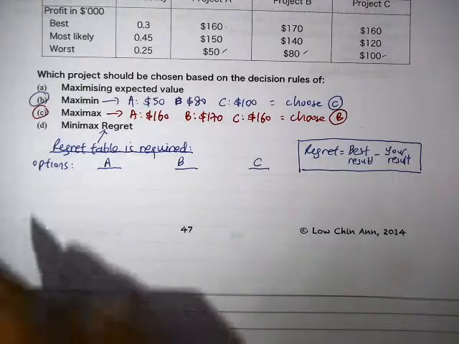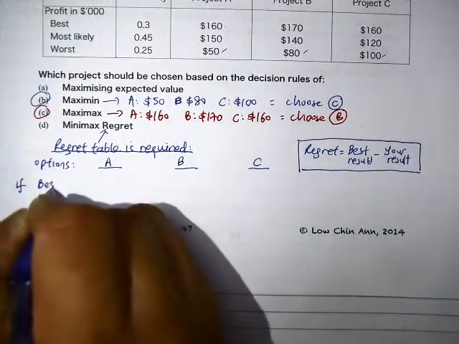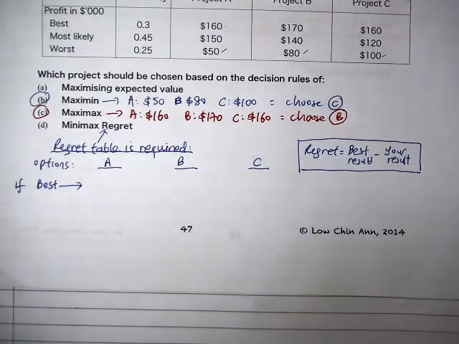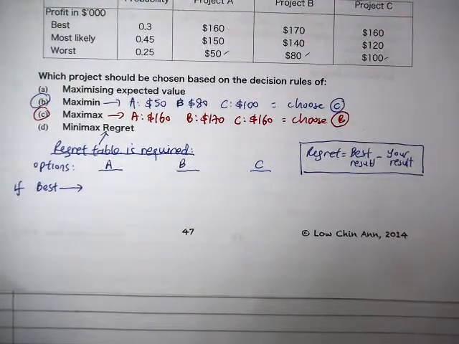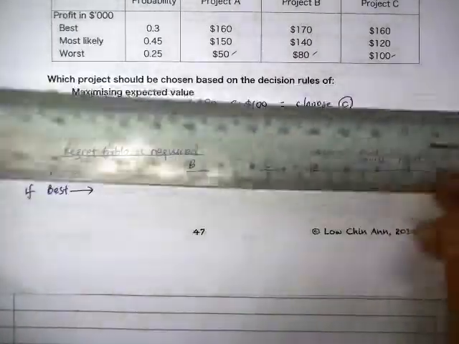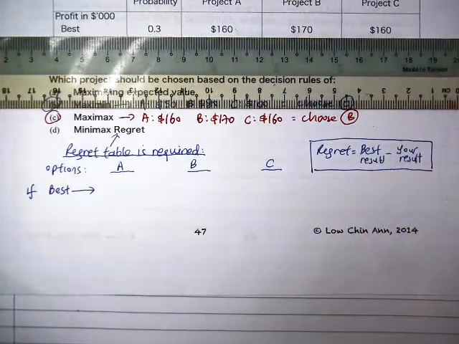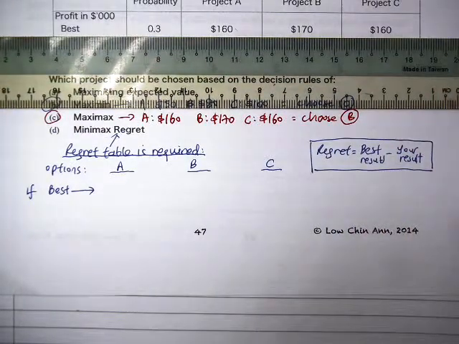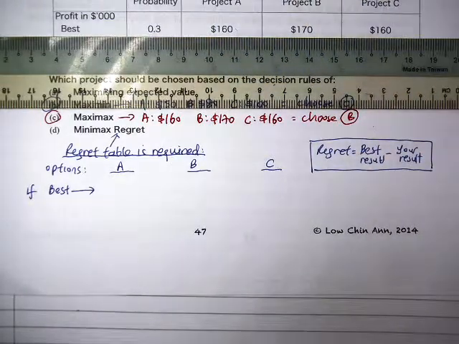For example, if it turns out to be the best, so now we cover most and worst. We just want the best. Which project you invest that you have no regret?